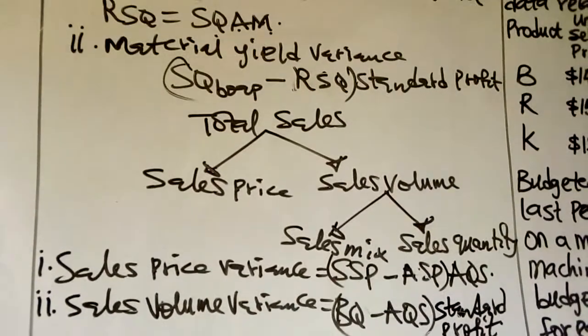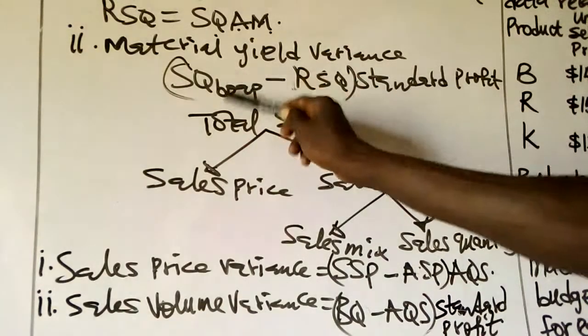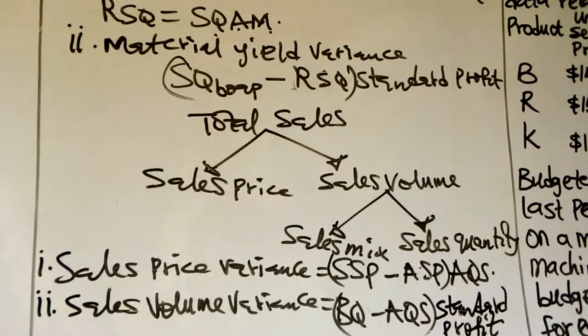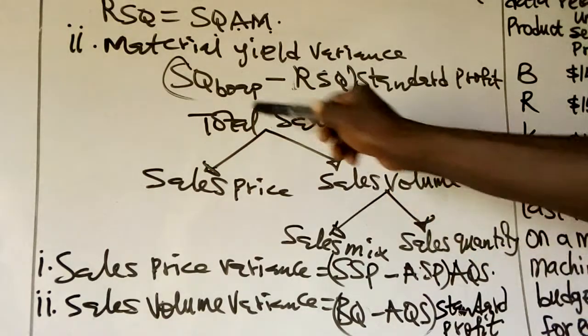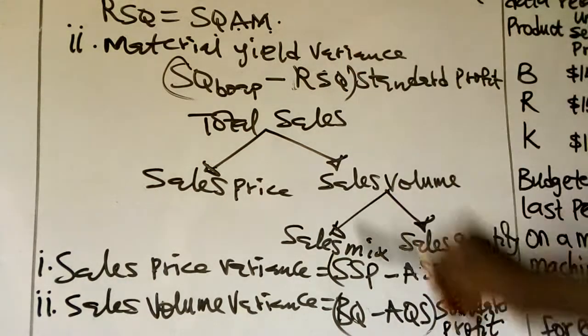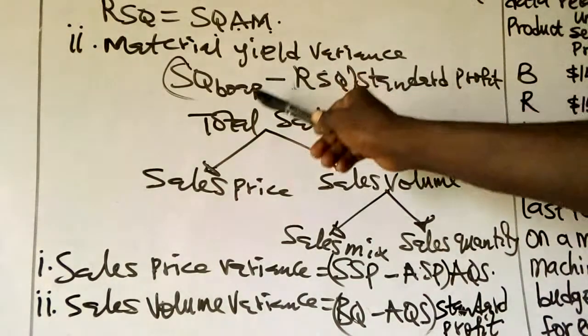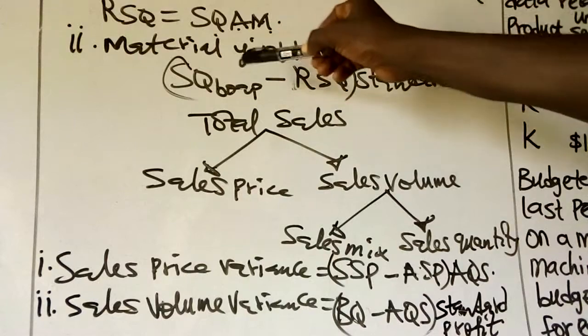And we said material yield variance is standard quantity based on actual production. Remember, our standard quantity in terms of sales becomes the budgeted quantity. Actual quantity will be the actual quantity sold. Now the formula will look exactly the same.